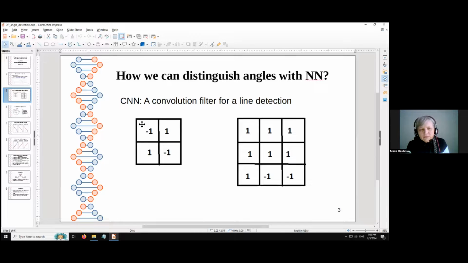It is not very useful in this particular case because we have rather complicated constructions. We can use bigger filters, but we do not have good angle discerning here anyway. So let's talk about how we actually can recognize angles on a plane.